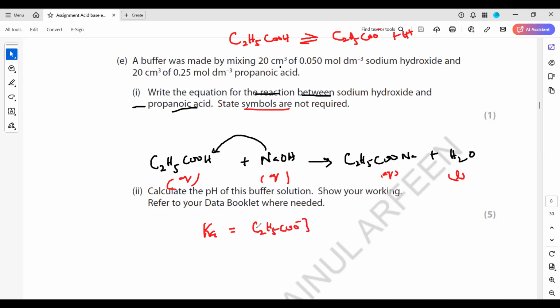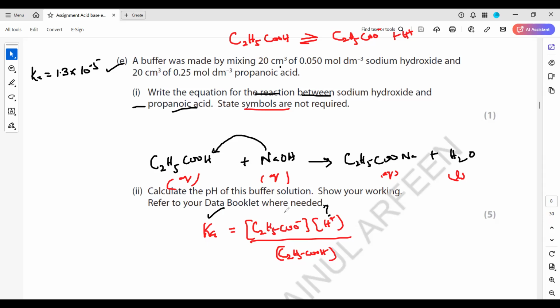C2H5COO minus times the hydrogen ion, the product, divided by the reactant, which is the concentration of acid C2H5COOH. Where do we get the Ka? The data booklet is there, so we will have that value, 1.3 to the power minus 5. So we have the Ka. The hydrogen ion concentration is the unknown that we need. Another thing is the concentration of acid and the concentration of propanoate ion.